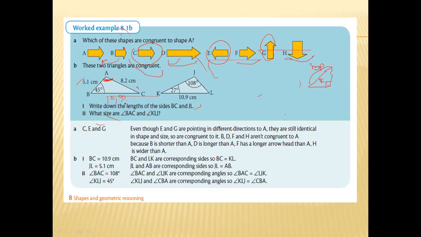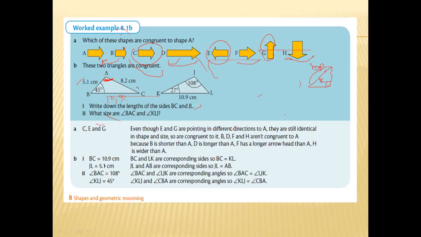Okay, and BC and KL are corresponding sides, so BC is equal to KL. The second property is that they are corresponding, looking like the same sides, so their lengths must be equal to each other.